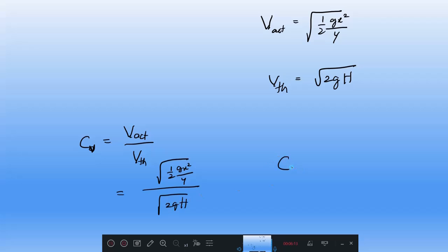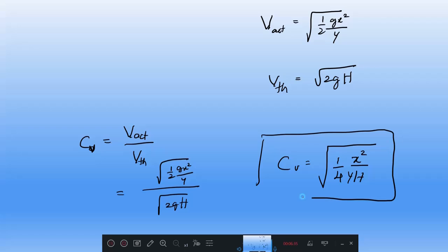On simplification you will get Cv equal to a single root: half divided by 2 becomes 1/4, g cancels, and x square divided by y h. x square by y h is the expression for Cv.